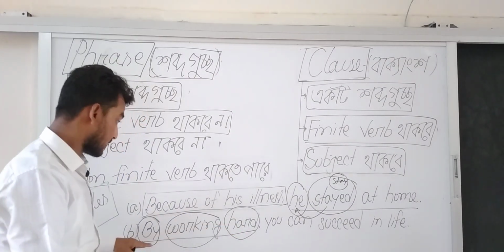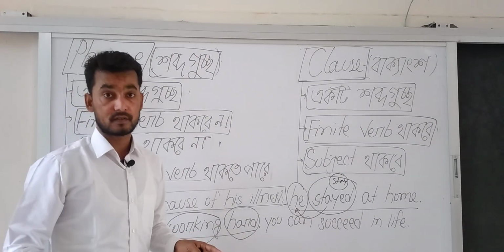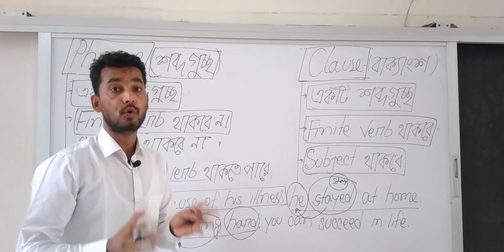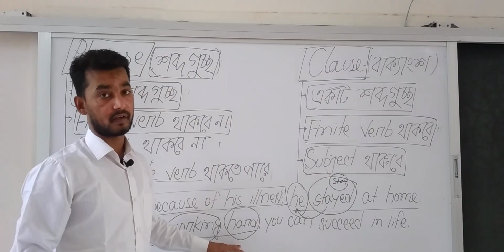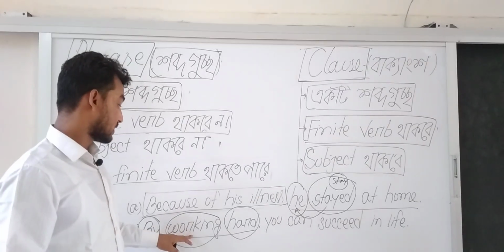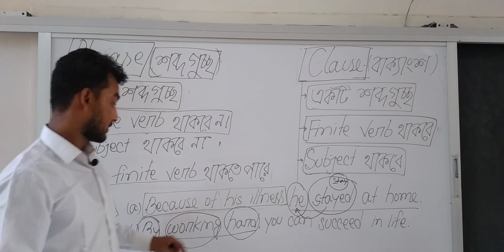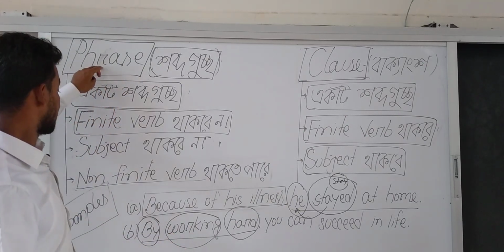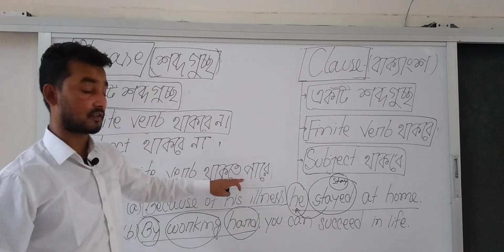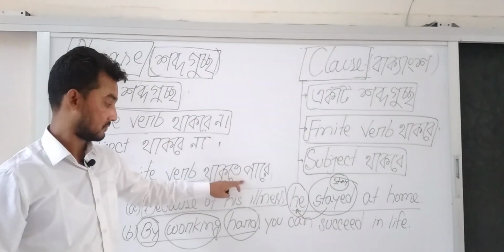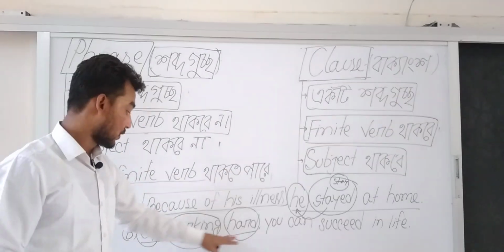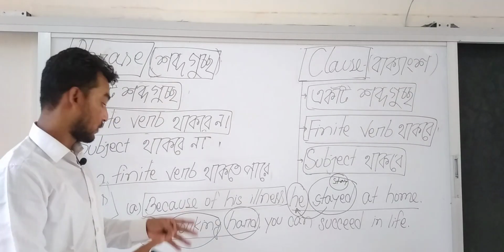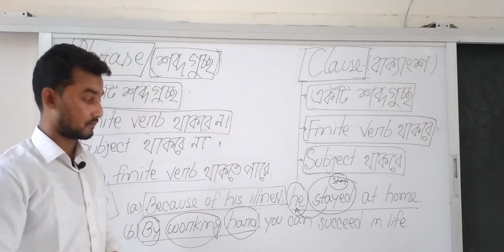In this part of the sentence, we find no subject, no finite verb. And that's why we can call it a phrase. Working is a non-finite verb, and in a phrase we may find a non-finite verb. But there is no finite verb, there is no subject, and that's why we can call it a phrase.